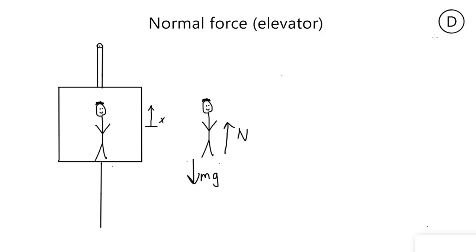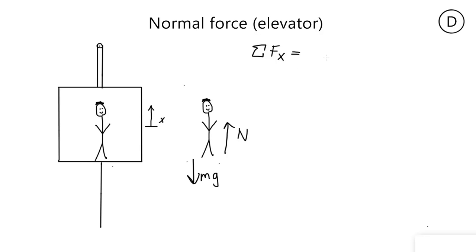However, this is a dynamic problem, because you'll accelerate up to a higher floor or accelerate down to a lower floor. With this problem, we're going to start off doing some of the forces. We're just doing the x direction, so we denote that x is up, positive in this direction.